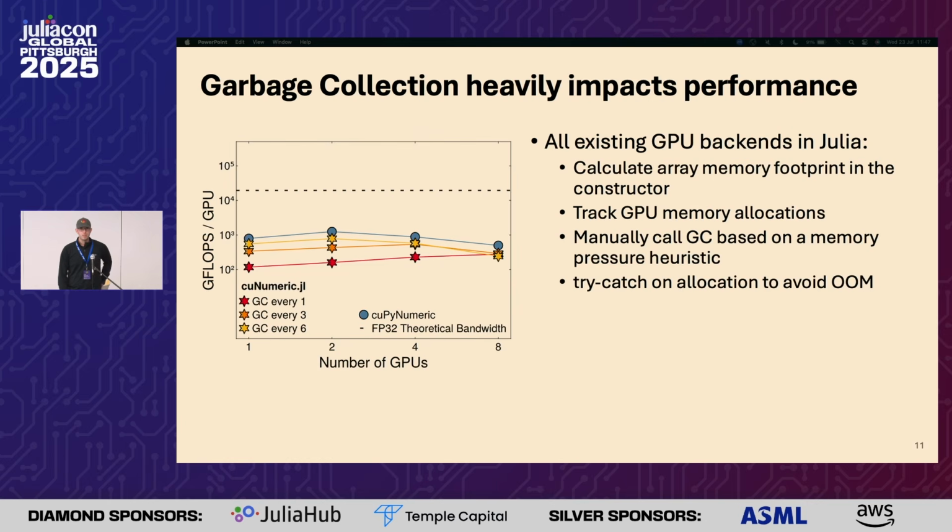So going back to what AMD GPU and CUDA.jl do, these existing backends really know the rough memory footprint the objects will take whenever the object is constructed. So they track all these GPU allocations, they manually invoke the garbage collector based on some heuristics, and they have a try-catch block to basically prevent out-of-memory errors like we saw in the pop-up box that I showed earlier.